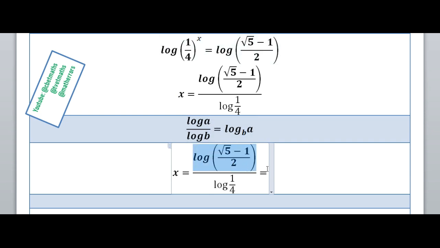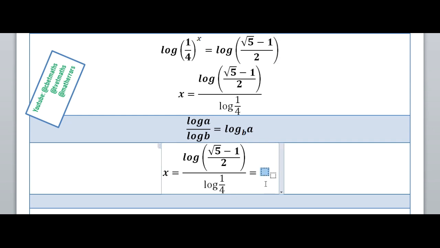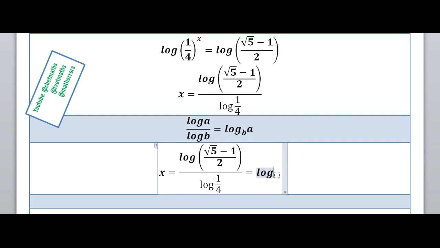It will be the same as log A to base B. Remember B, in our case, is the logarithm denominator, meaning B is 1 over 4. So B is 1 over 4, log to base B of A. And our A is what is in the numerator, that is, the whole of this is A. Root 5 minus 1 over 2 is the value of A.